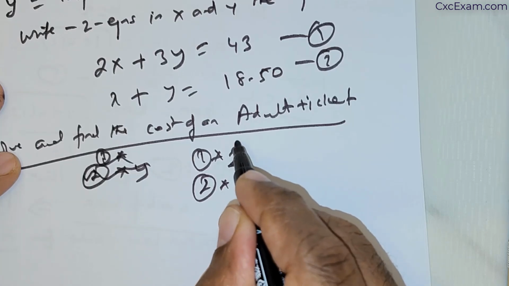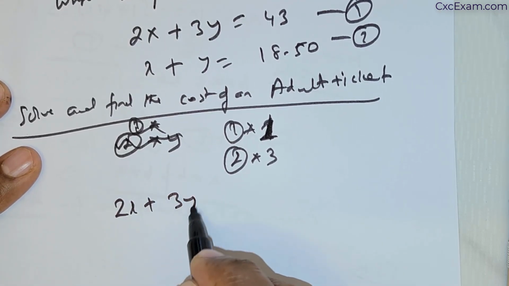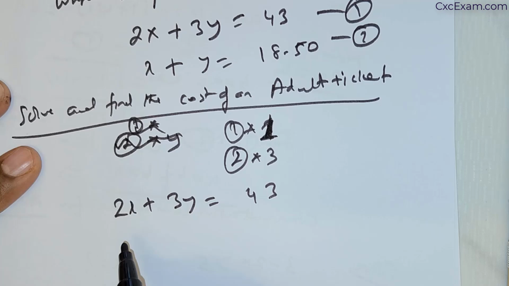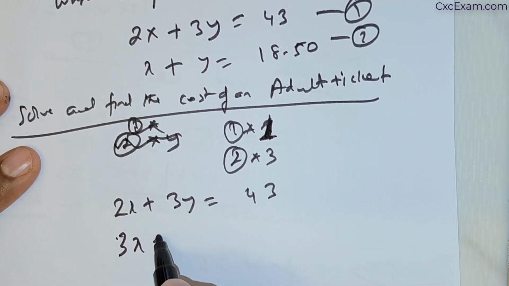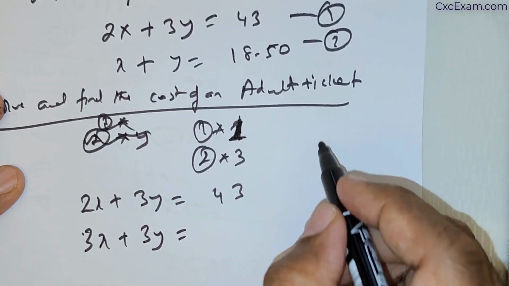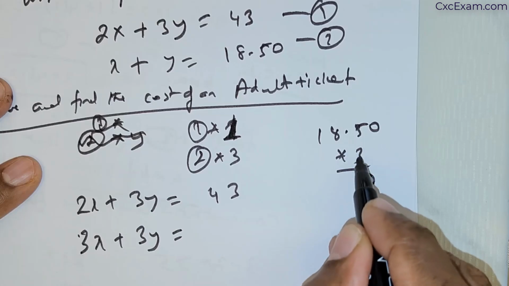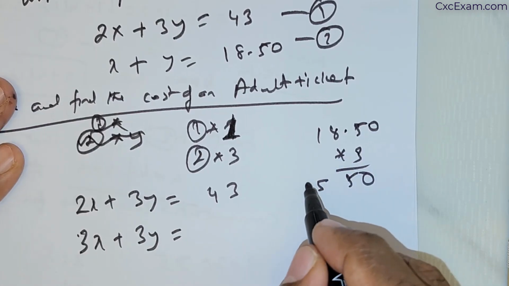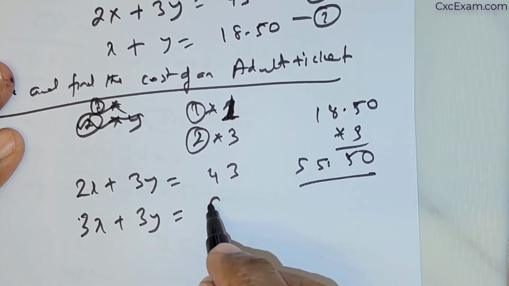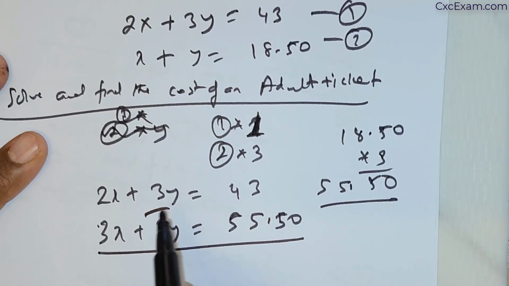This is just number 1. So this is going to give me 2 times x positive 3 times y is equal to 43. This equation 2 is being multiplied by 3. So 3 times x positive 3 times y is equal to 18.50 multiplied by 3. 3 5s are 15, 1, 24, 25, 2, 3 1s are 3, 4, 5. So you get 55.50.